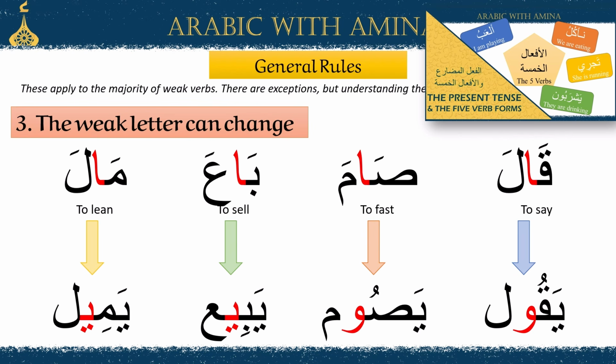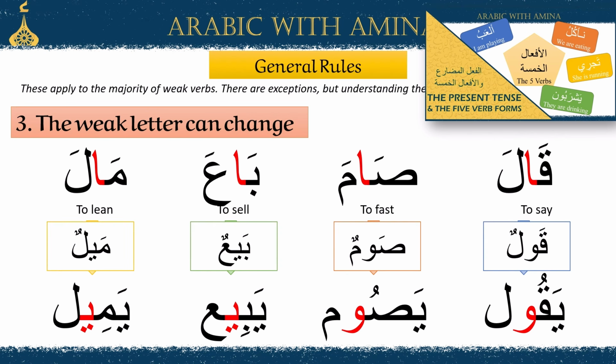Which letter it transforms to depends on the origin of the alif. And to find that, you look at the related noun form of the verb. For example, قال, the noun is قول. صوم, بيع, ميل. The alif transformed back to its original letter.